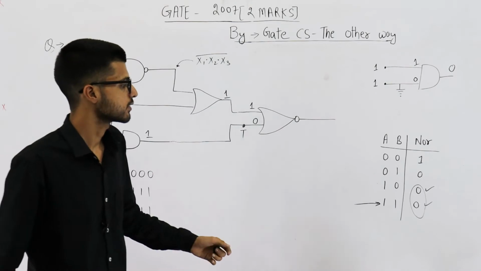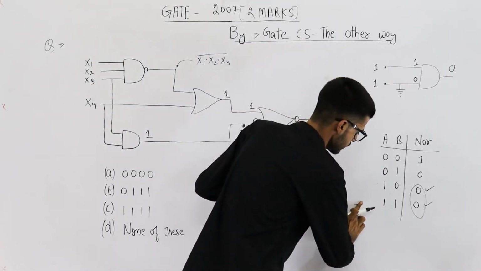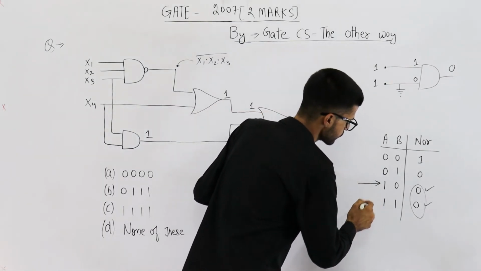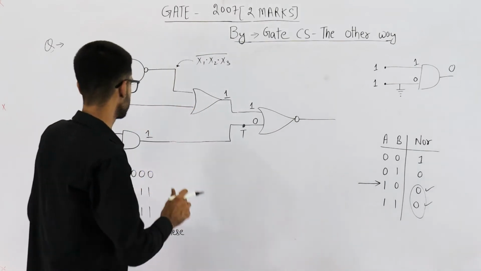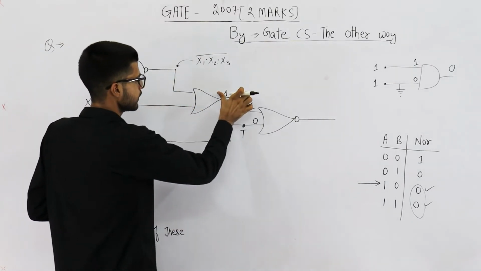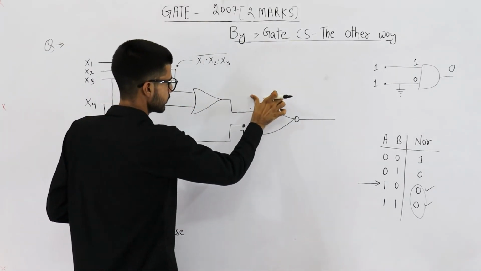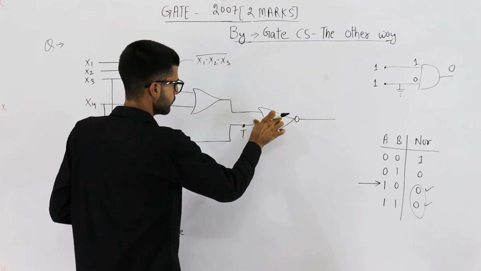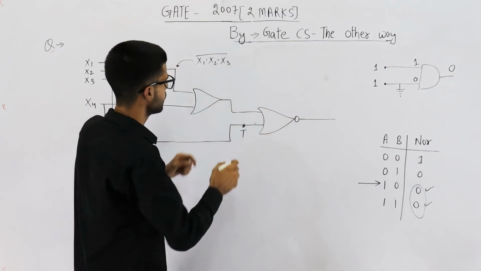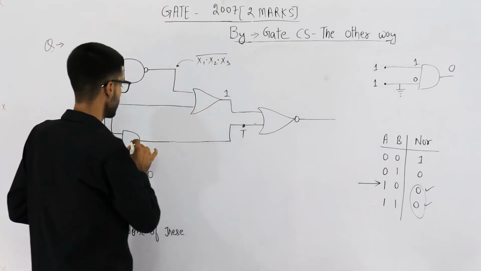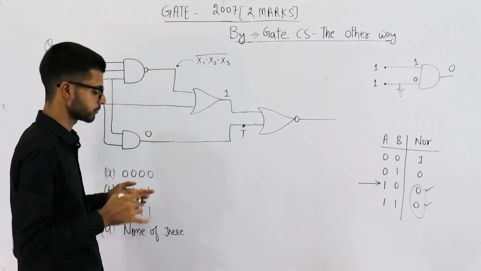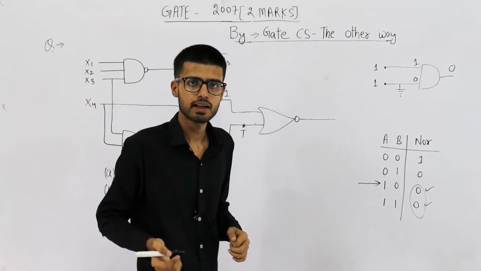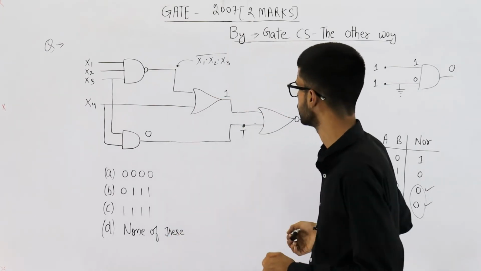Okay, so let's try this one. What if I try this input? Say I somehow manage to make this output as 1 and this output as 0. Will I be able to detect the fault in this case? Let us see.